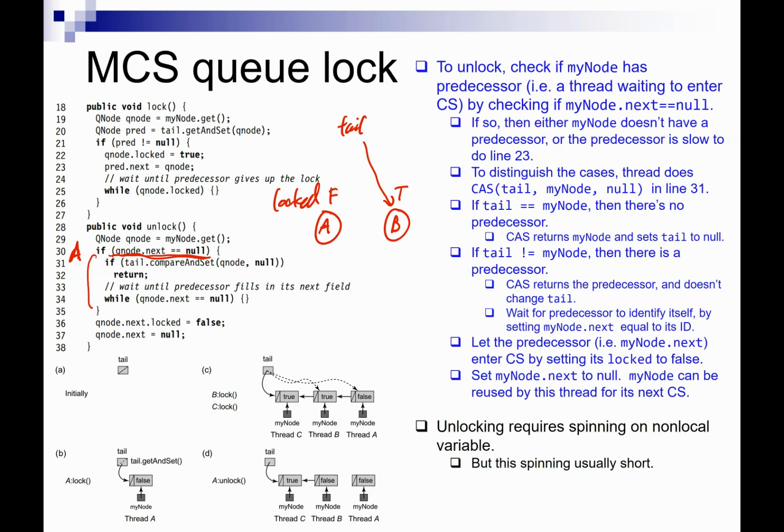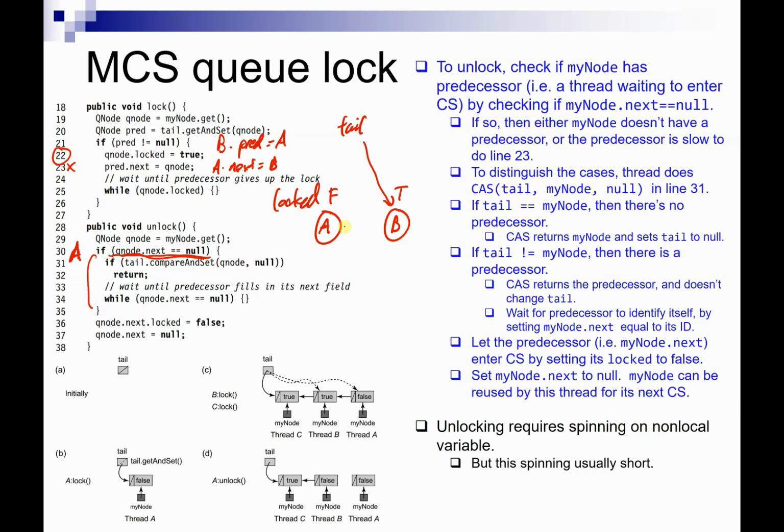That's one possibility. The other possibility, which is why you have all this code from line 30 to 34, is that there is a node B that is currently in the queue. However, remember that B's pred equals A. So he wants to set A's next equal to B, right? That's what B wants to do. But suppose B has only done line 22, but he has not done line 23 yet.